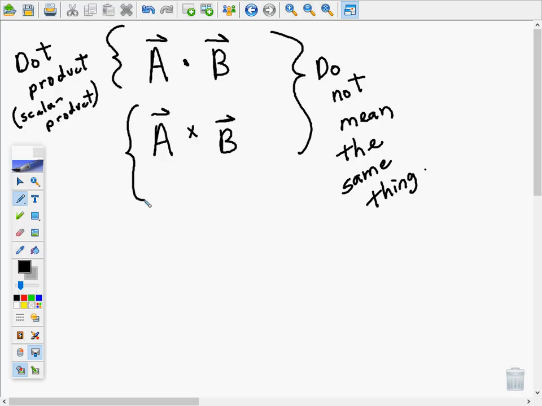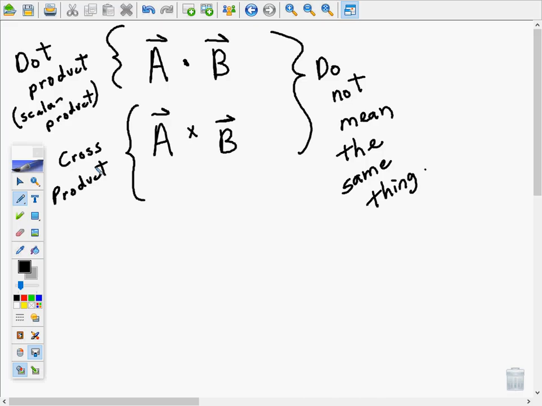The second one, vector A, and then the X symbol, vector B, that would be stated vector A cross vector B. That's known as a cross product. When you do the cross product, you end up getting another vector quantity.